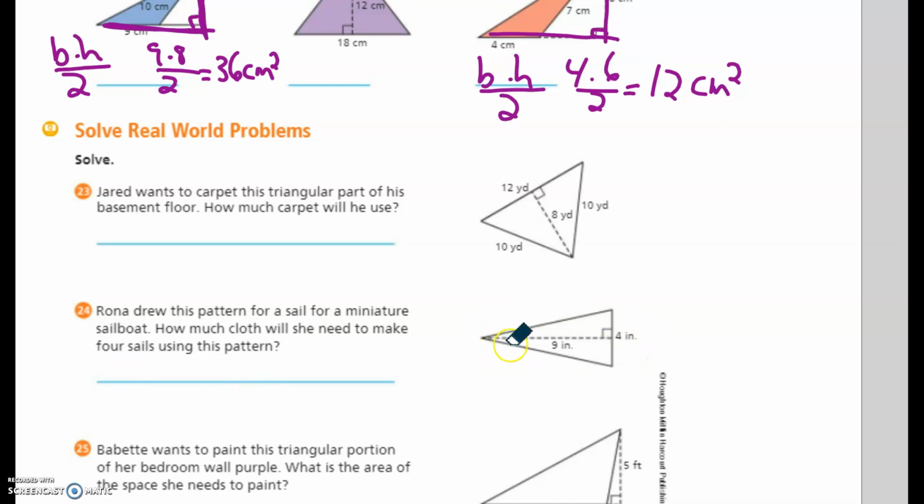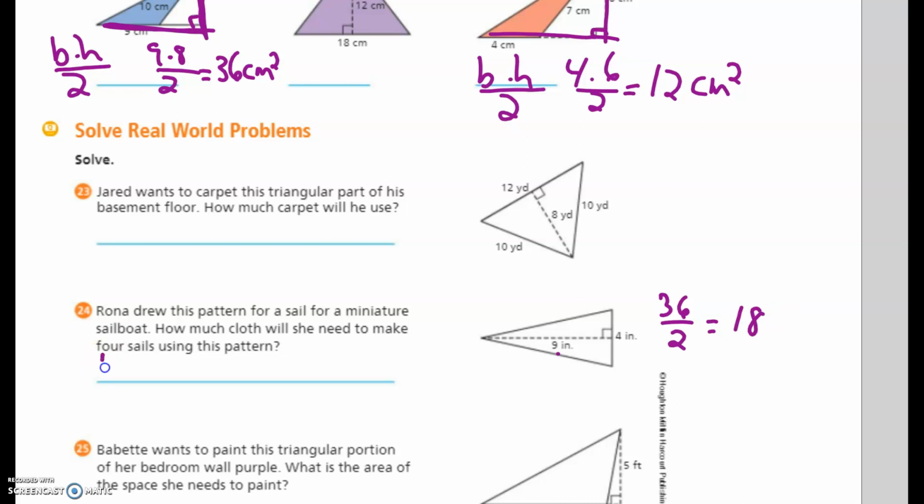Well, let's figure out this triangle first. Okay, base times height divided by 2. 9 times 4 is 36. We're using your calculator. 36 divided by 2 is 18.